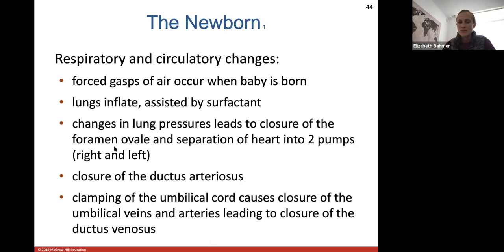So it's another place to just bypass blood going to the lungs before a baby's lungs are ready. And then the umbilical cord needs to be clamped because that causes closure of umbilical veins and arteries, leading to the closure of the ductus venosus, another hole in the heart. So that's why you need to clamp or cut the umbilical cord right away.